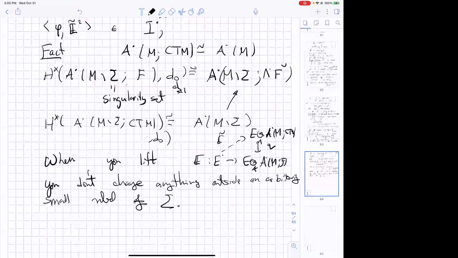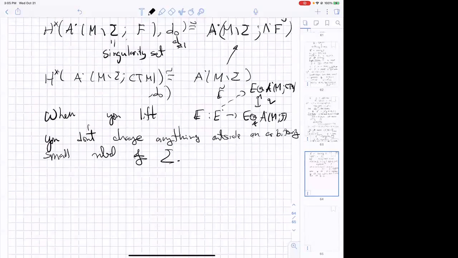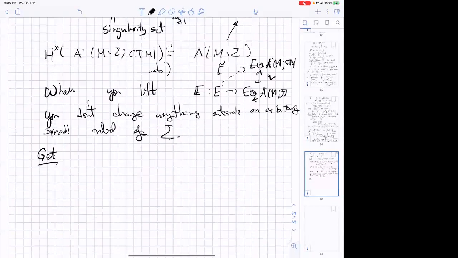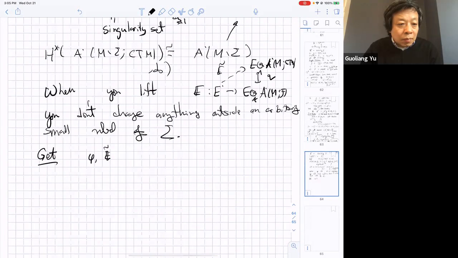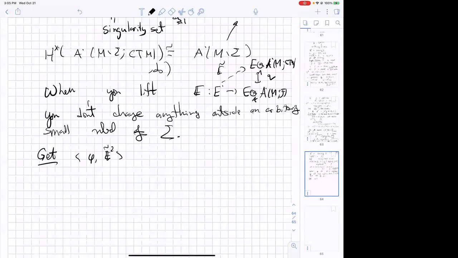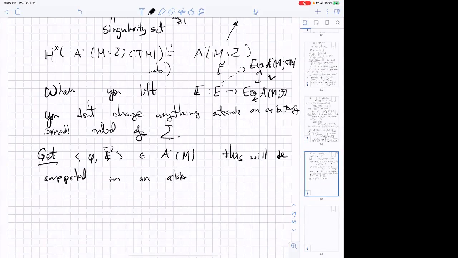Okay. So the point here is that when you take this characteristic class, phi paired with E total squared, and then look at it in A dot of M, this will be supported in an arbitrarily small set, arbitrarily small neighborhood, arbitrarily small complement.